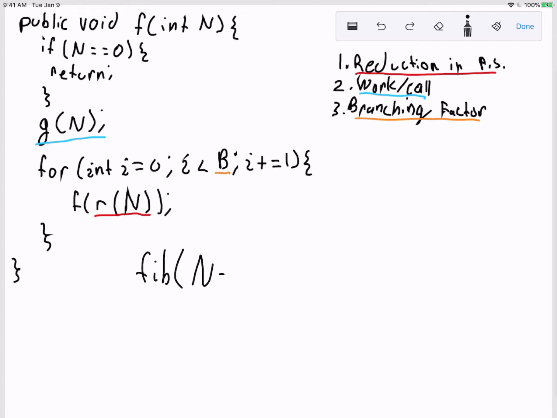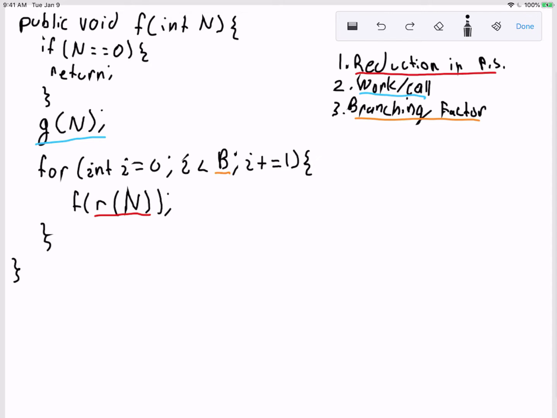In our case, we wrote it in a bit of a weird way: we have this loop which calls it exactly b times. Most likely it's not going to be a loop in a problem you'll see. They might just write it multiple times, like 2 times or 3 times. So b is a constant, baked into your function. It could be a variable, but for now we'll ignore that case.